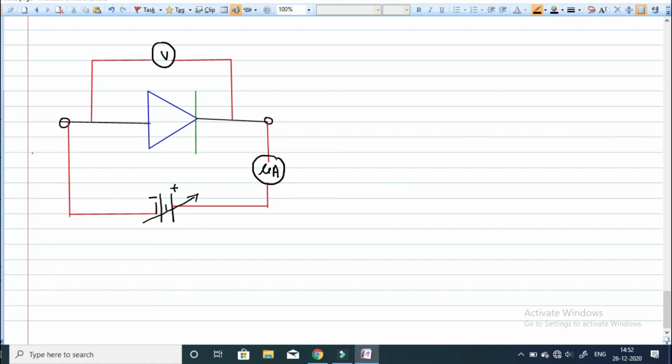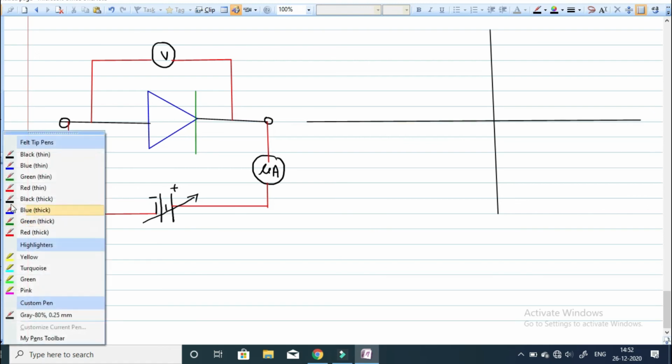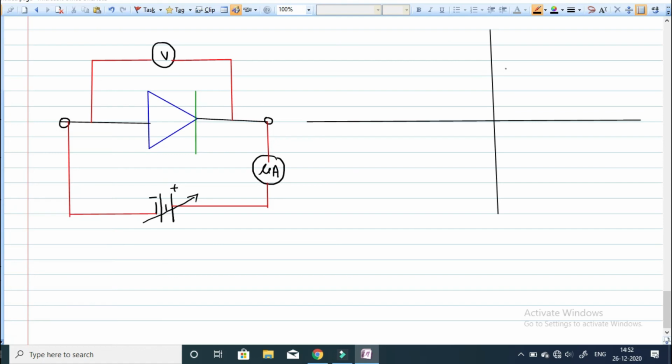Now we will draw the reverse breakdown characteristics, or the characteristics of this diode during the reverse biasing. This is your fourth quadrant. It will be drawn in the fourth quadrant because both the voltage and the current we are applying in the negative direction. So the IV characteristics we are going to draw.